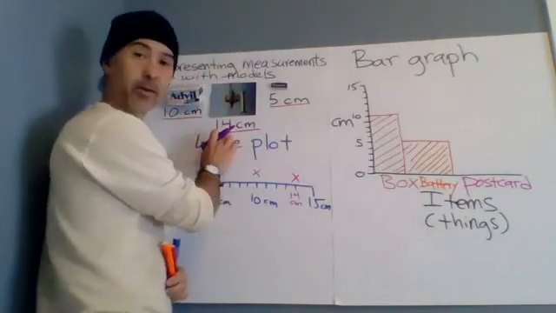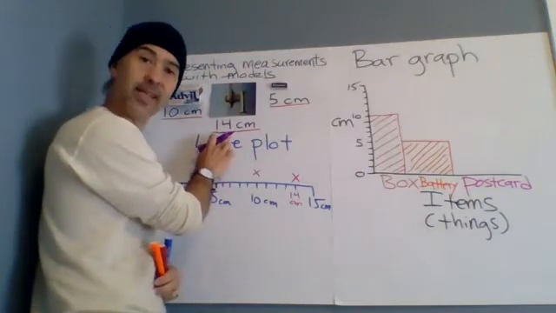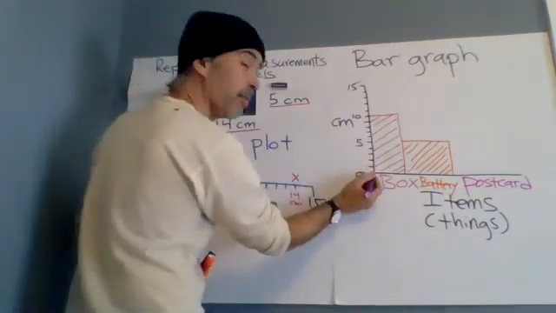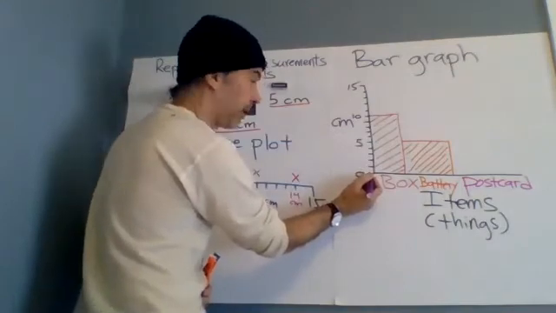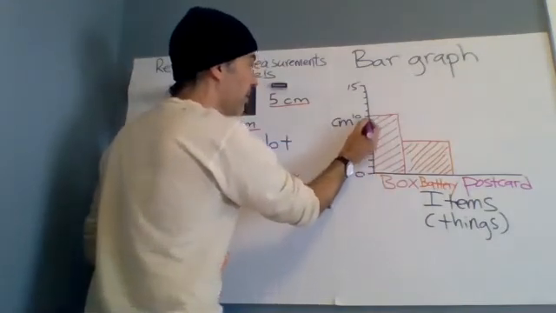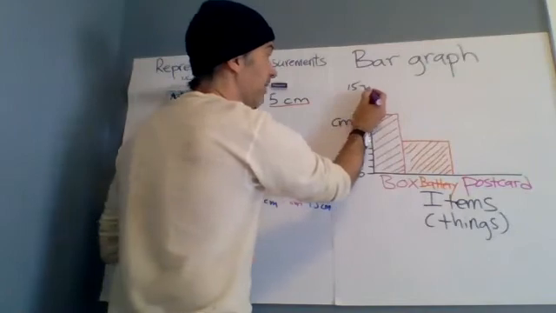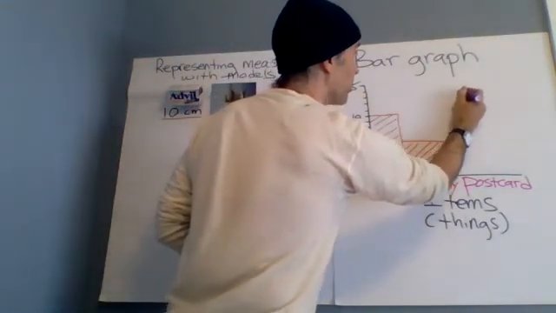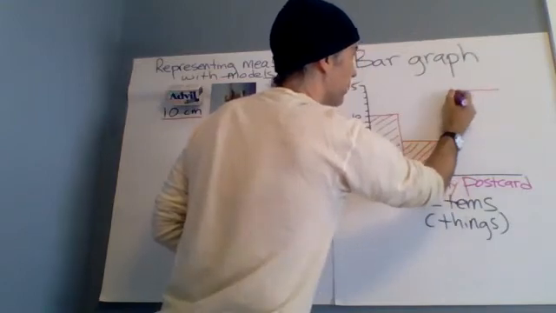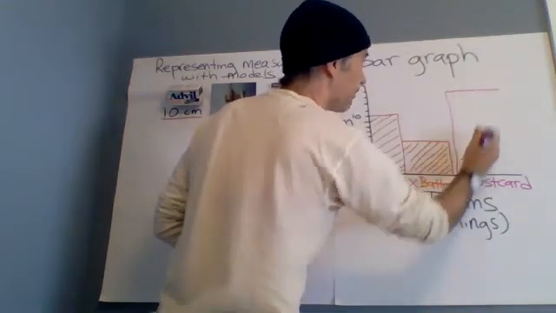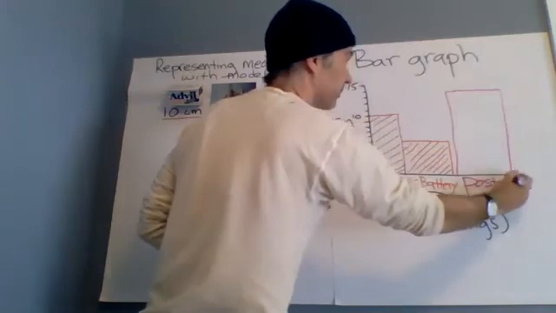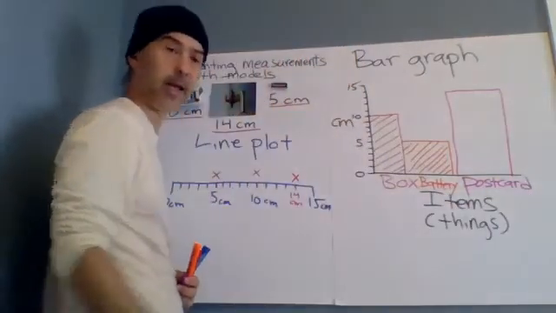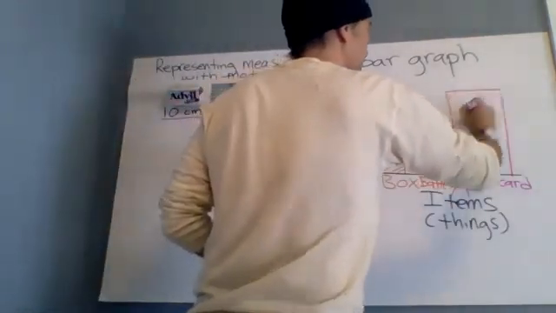Well, the postcard is 14 centimeters. So I come over to my graph and I go up till I reach 14 centimeters. Then I come over, and here is where I draw my bar for postcard. And then I just shade it in.